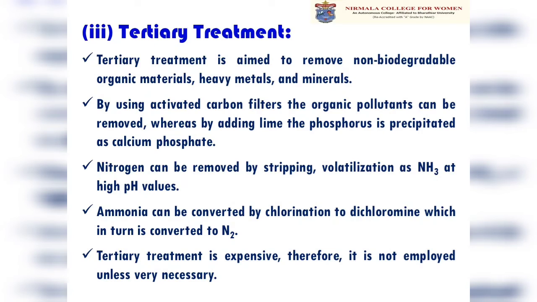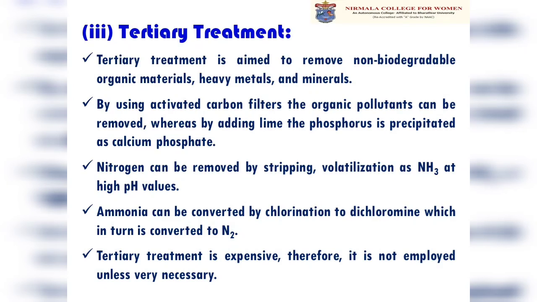Next is tertiary treatment. Tertiary treatment is aimed to remove non-biodegradable organic materials, heavy metals and minerals. By using activated carbon filters, the organic pollutants can be removed. Whereas by adding lime, the phosphorus is precipitated as calcium phosphate.